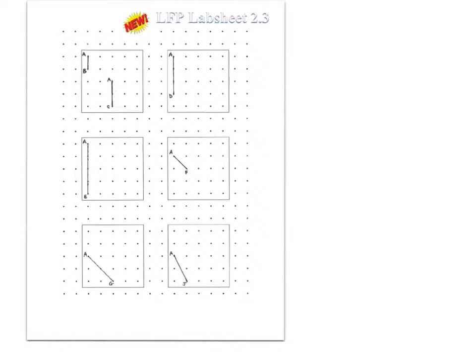Now is where the front side of your lab sheet comes in handy. On the front side, we have given you some boxes to draw some squares in a 5 by 5 grid. You'll notice in the upper left-hand box, you have a line segment pre-drawn for you that has a distance of A to B. Now I'm going to go ahead and make that a little bit bigger for you.